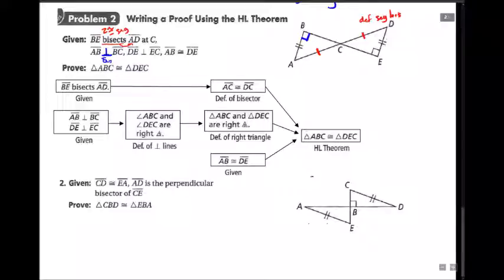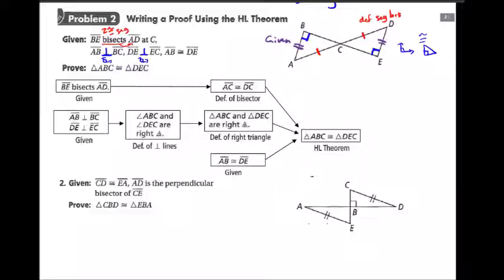And I'm told that segment DE is perpendicular to segment EC, so I'm going to mark my right angle, and right angle means it can be either congruent or it can be right triangle. We need to figure out which one of these we are using. And we are told that segment AB is congruent to segment DE, and this is a given.